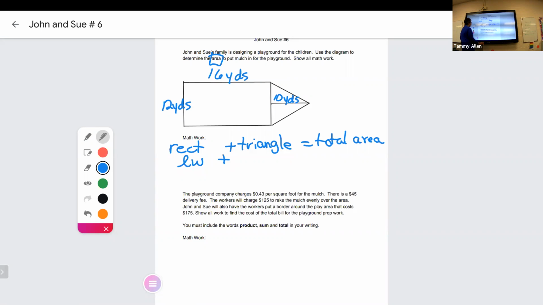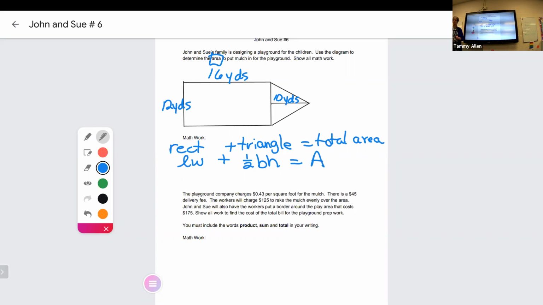And the formula for the area of a triangle? There you go. 1/2 base times height, and that will give us our area.